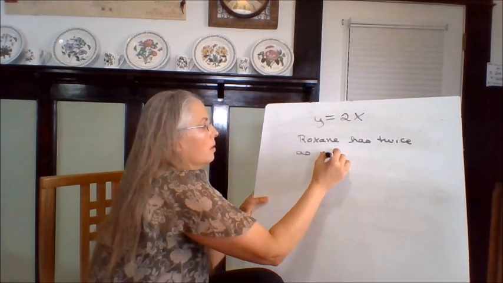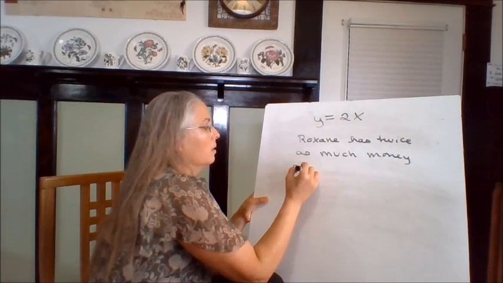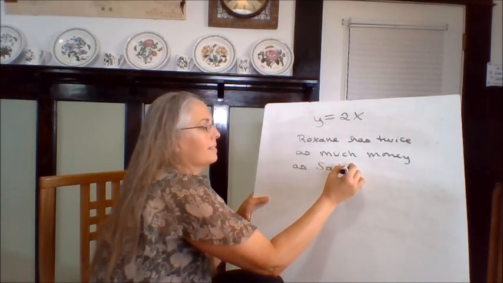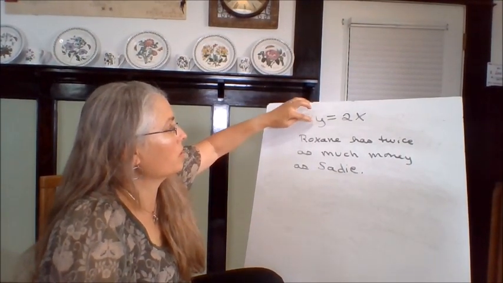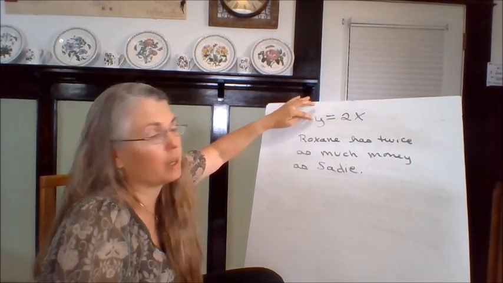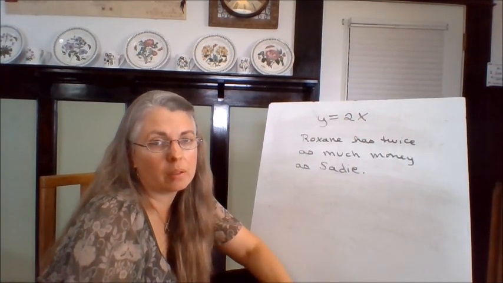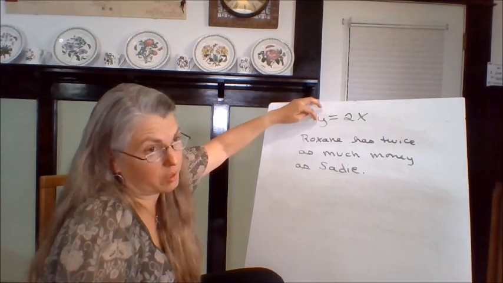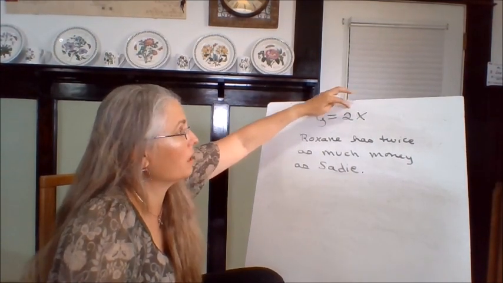Roxanne has twice as much money as Sadie. Okay. Well, in this case, y would represent the money Roxanne has, and x would represent the amount of money that Sadie has. Let me say that again. Y represents the amount of money that Roxanne has. X represents the amount of money that Sadie has.